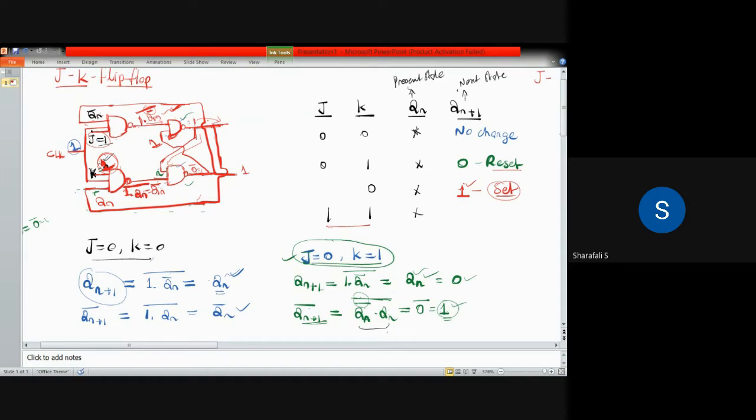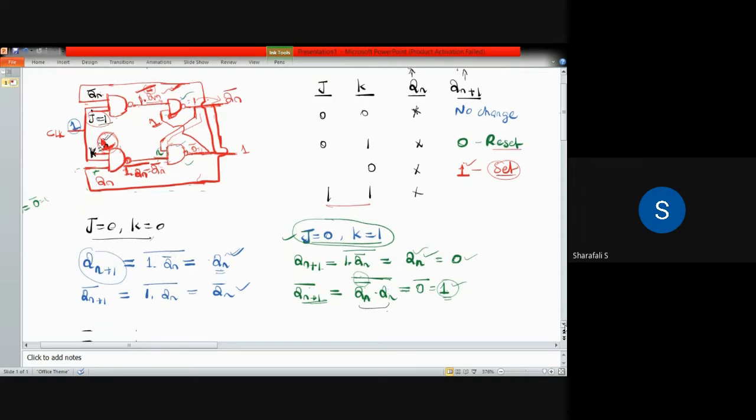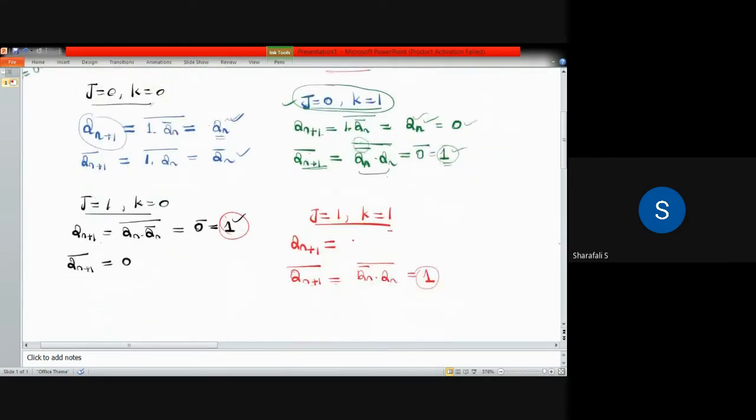So that is Qn bar. The output will become Qn bar here. So Qn plus 1 is nothing but Qn bar. Which means that if your previous state is Qn, or the present state is Qn, then your next state will be Qn bar. Which means that it is just changing its state, or we can call this kind of phenomenon toggling.